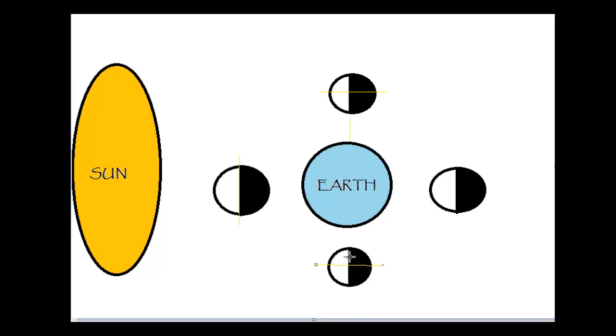We're going to see this side is dark and this side is light. Looking up here, it's going to look like the whole moon is lit. But we know that that's only the side of the moon that we can see. And we don't call this a half moon, we call it a full moon, by the way.